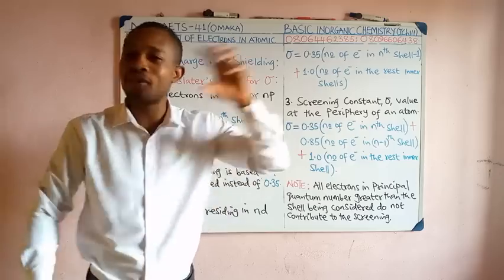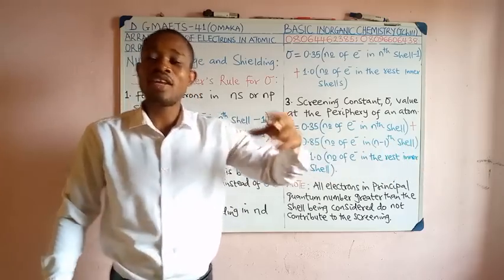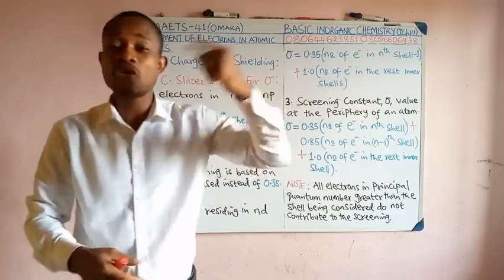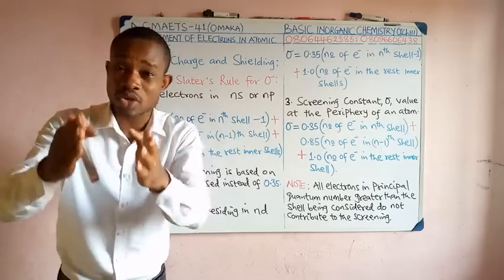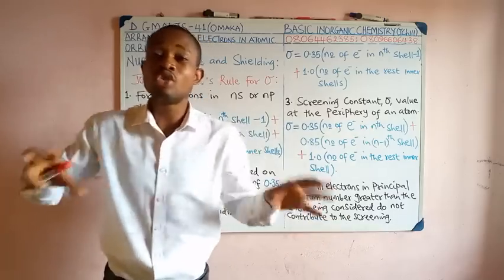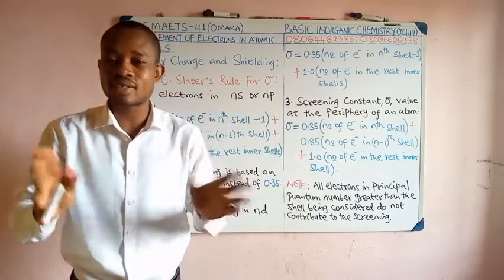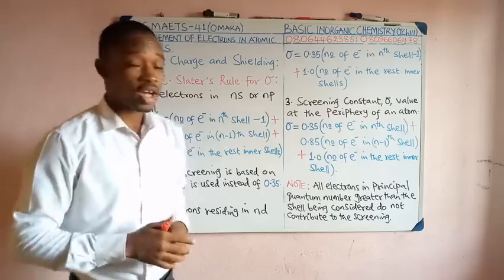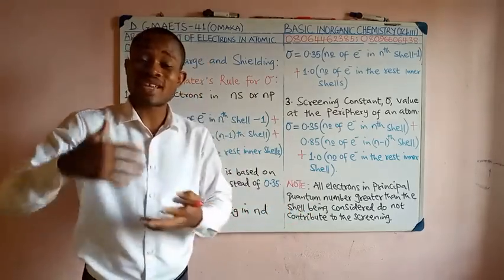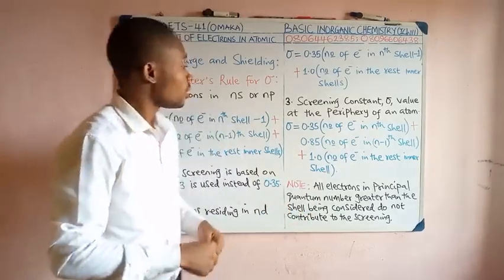Take note, not outer shell. In fact, any electron in a principal quantum number higher than the principal quantum number that your question is based on, those electrons in a higher principal quantum number do not contribute anything to the screening. Take note of that. Of course, we already stated in a previous video that screening is due to the intervening electrons, that is electrons in the inner shell.